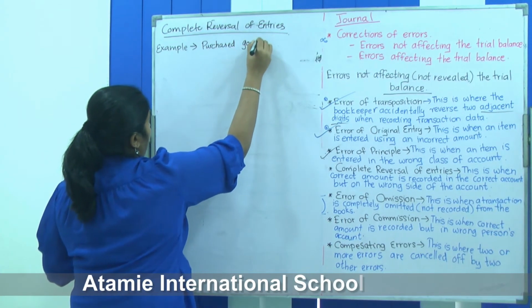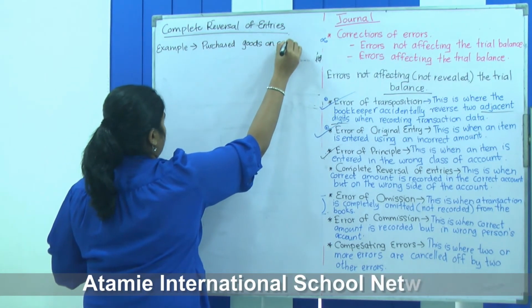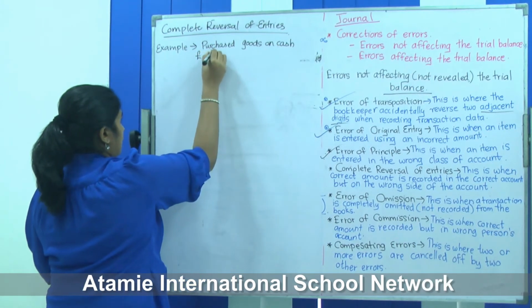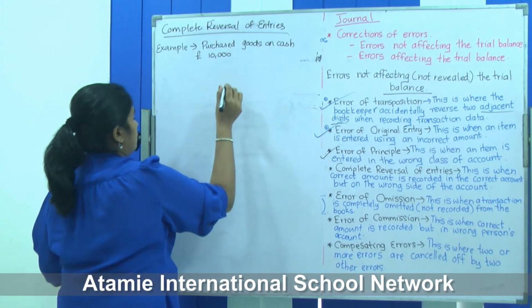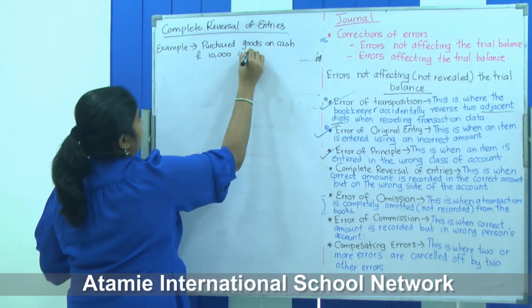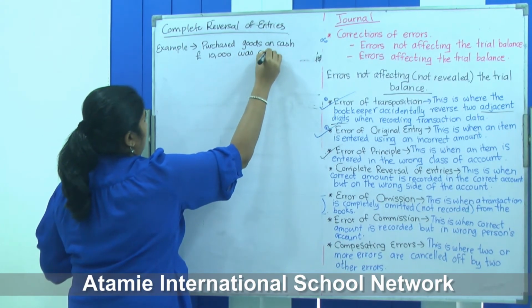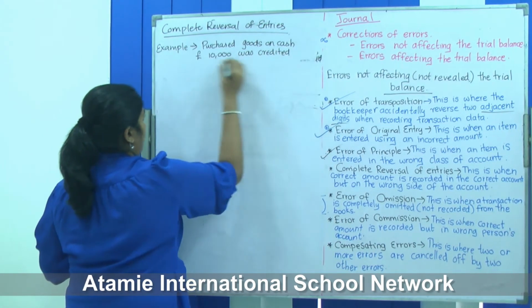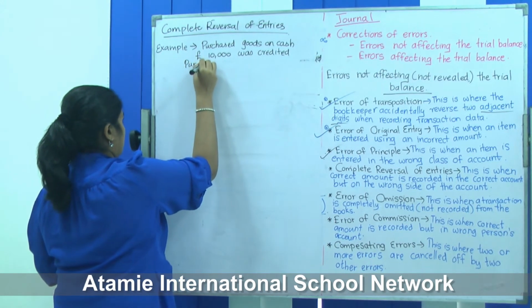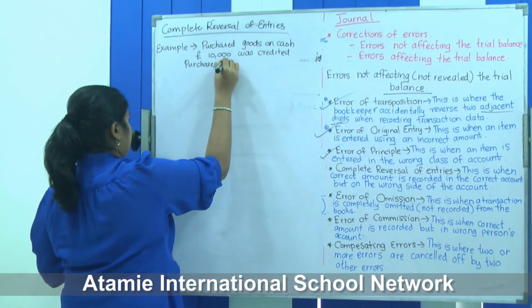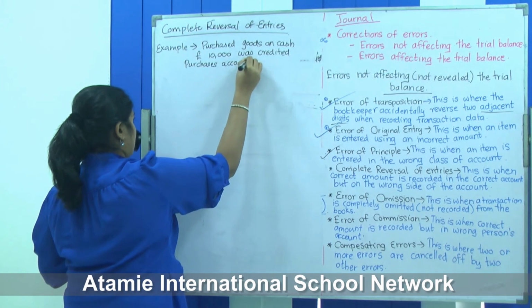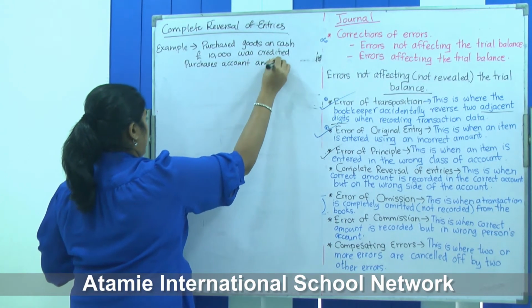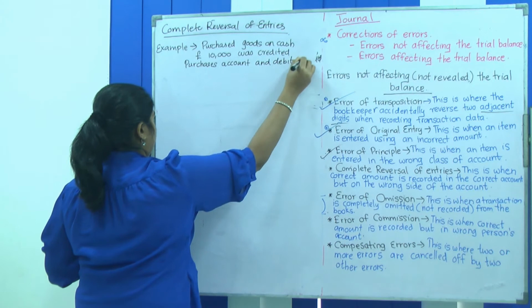Purchase of goods on cash, 10,000, was credited to the purchases account and debited to the cash account.